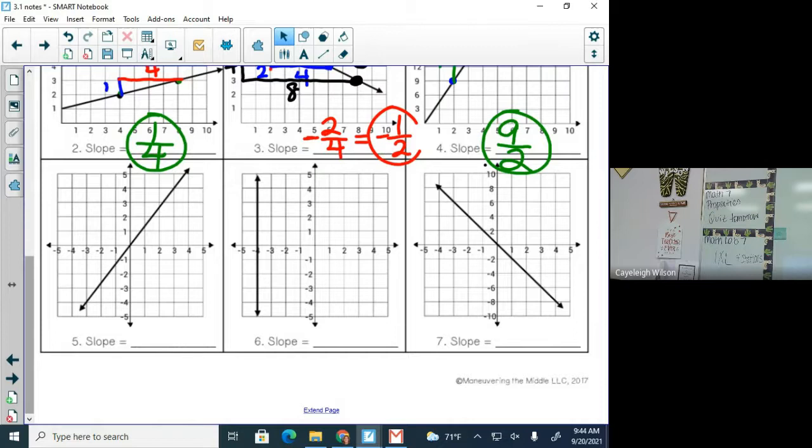The negatives have nothing to do with the counting. So you just count. Don't worry about the negatives. The only time you're going to put a negative out front of it is when it's a negative slope.